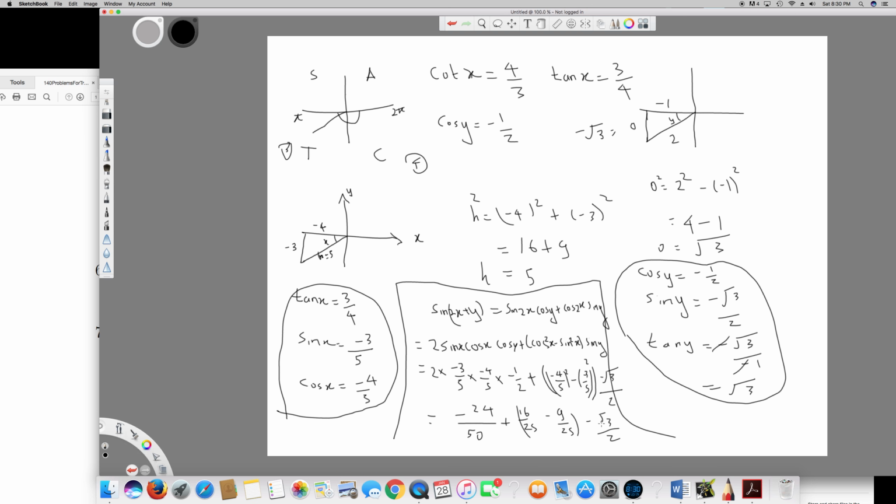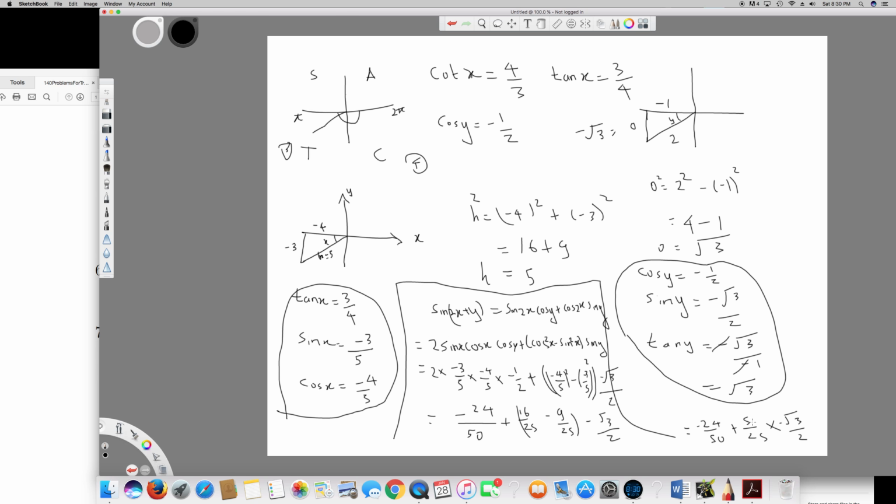So we actually made it simple. Now what we do is 16 minus 9 is what? It's just 5. 5 over 25 is going to be 1 over 5. It's very simple, guys. So minus 24 over 50 plus 5 over 25 multiplied by negative root 3 over 2.